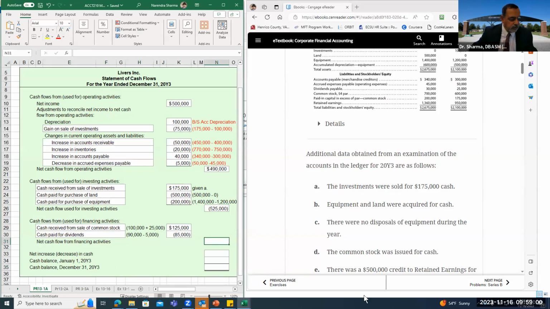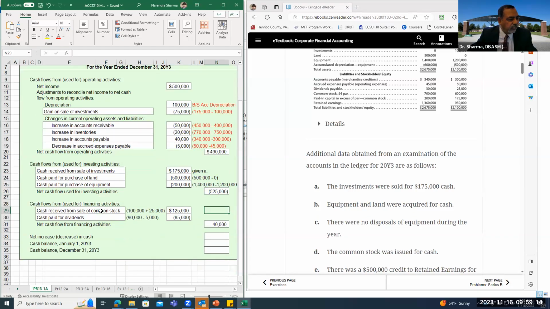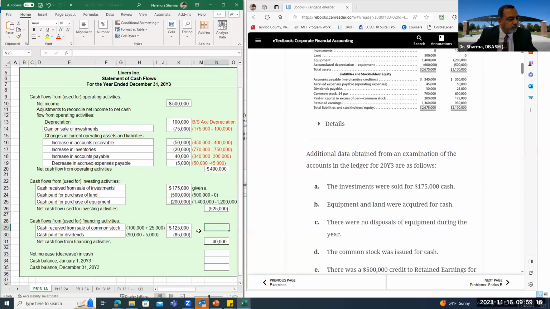Now I can do a sum. So this will be summation of these two. One is positive and one is negative. So that will give you a positive of 40,000. Now we have completed all the three activities. So what we'll do is we will add these three.